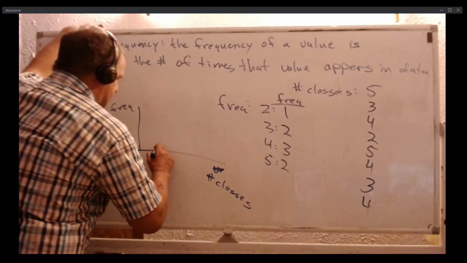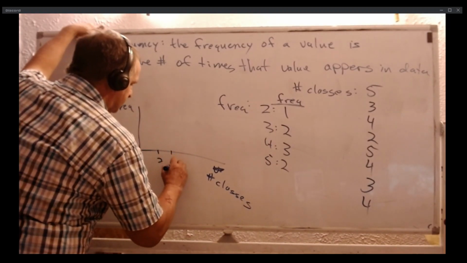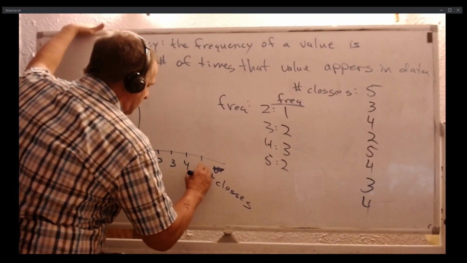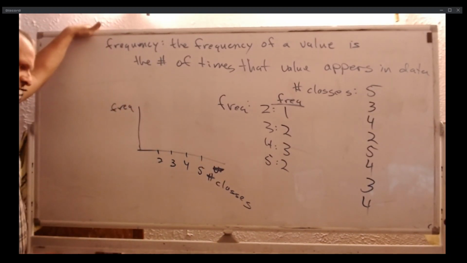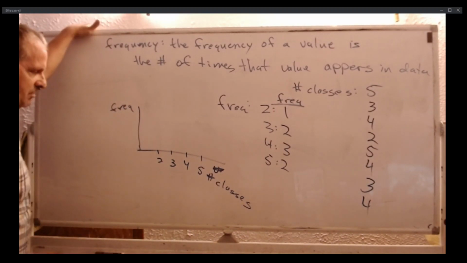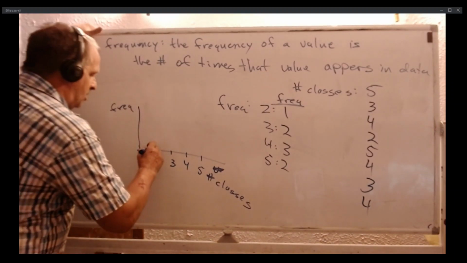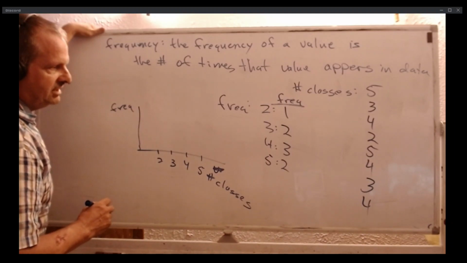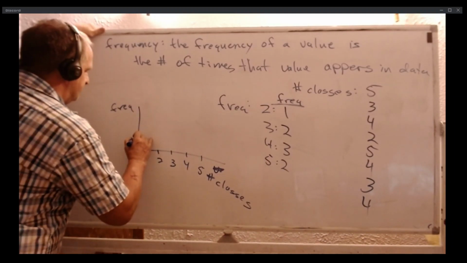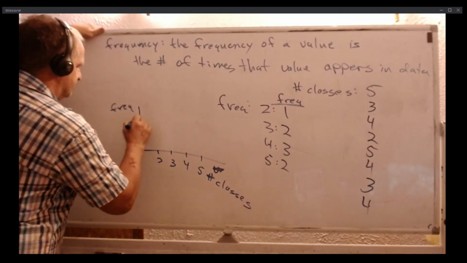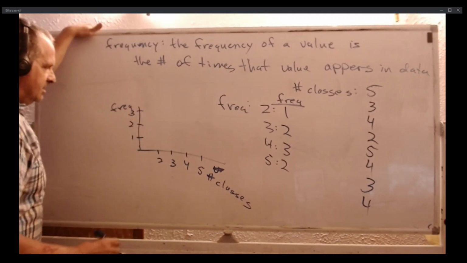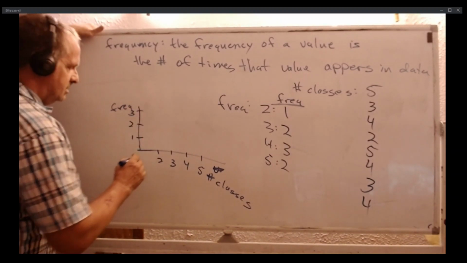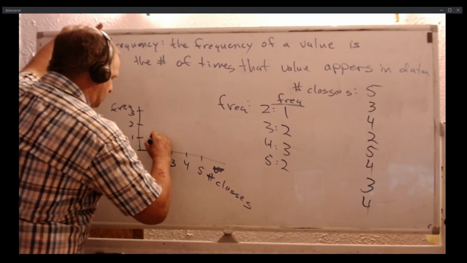So we would start at 2, 3, 4, and 5. We have our choices. We can draw a little bar. What are the ranges of the frequency? Anywhere from 1 to 3, right? So 2 is 1. So we can draw a little bar like that.